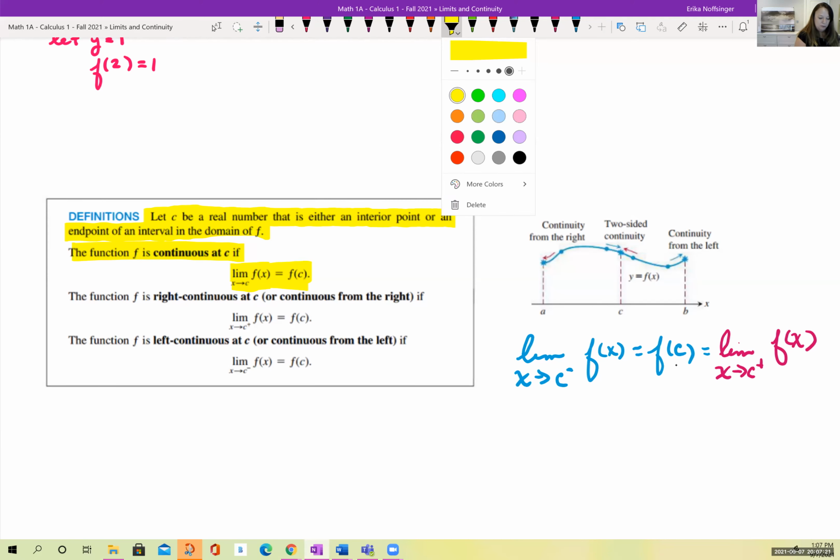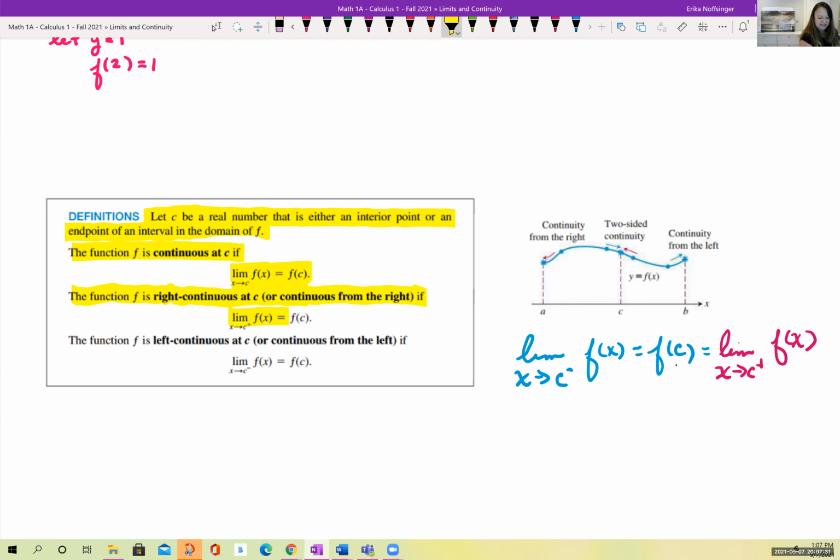Okay, but if it's an endpoint, then we've got to be careful. The function f is right continuous at c, or continuous from the right, if the limit as x is approaching c from the right of f of x is equal to f of c. So in here, if I'm coming in on the right-hand side, this is a solid circle, and we're getting back the y value as if we had plugged it into our function.